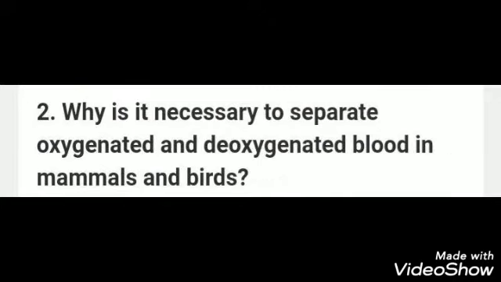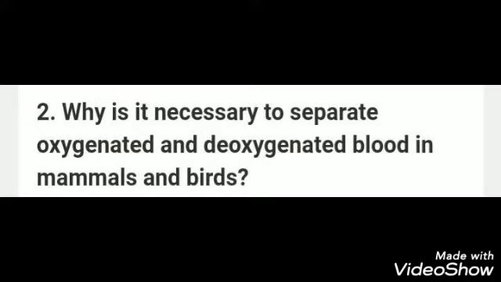The next question on the same page number is, why is it necessary to separate oxygenated and deoxygenated blood in mammals and birds? See children, mammals and birds are warm-blooded animals which keep their body temperature constant irrespective of the environment they live in.